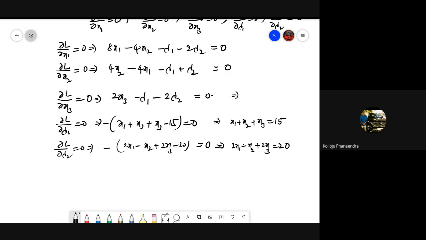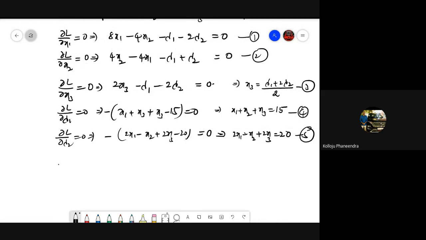From this expression, x3 equals (λ1 + 2λ2)/2. Take this as 1, this as 2, this as 3, this as 4, and this as 5. I have to solve this.